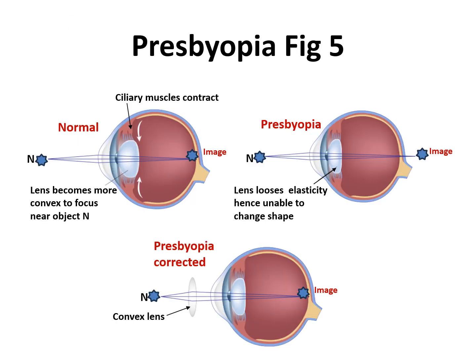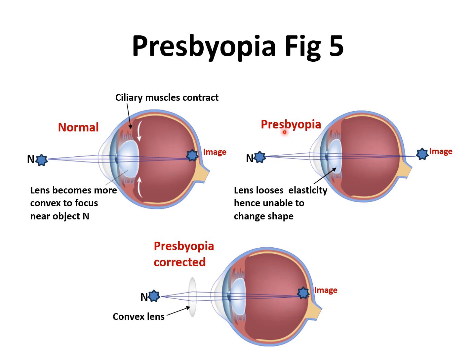Here we see in a normal, that is non-presbyopic eye, when the individual tries to focus on a near object, the ciliary muscles contract, the lens becomes more convex to focus the near object image on the retina.